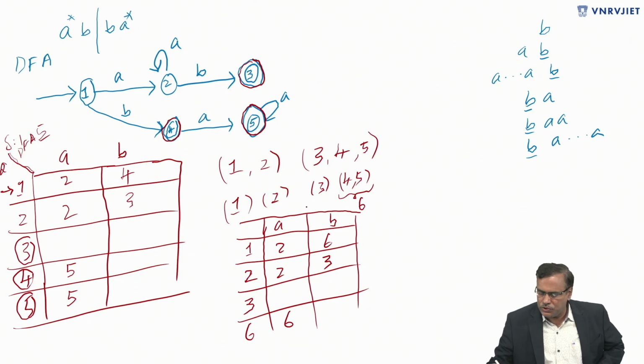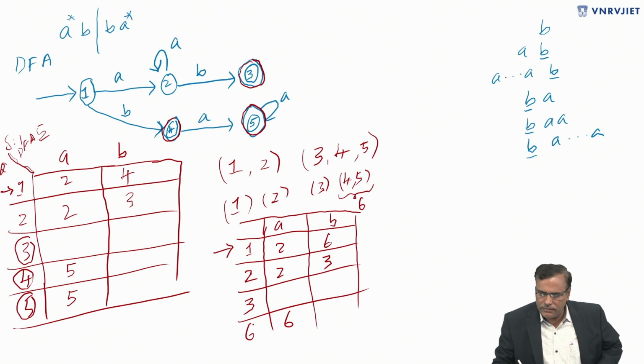And from this one, I am going to draw this transition diagram. You know this 4, 5 are the final state group. Therefore, this 6 is going to be a final state. 1 is the start state.